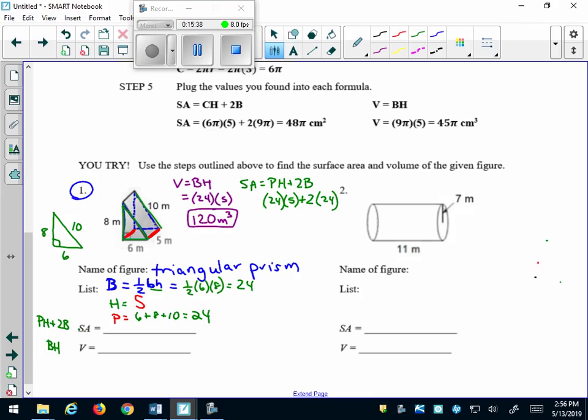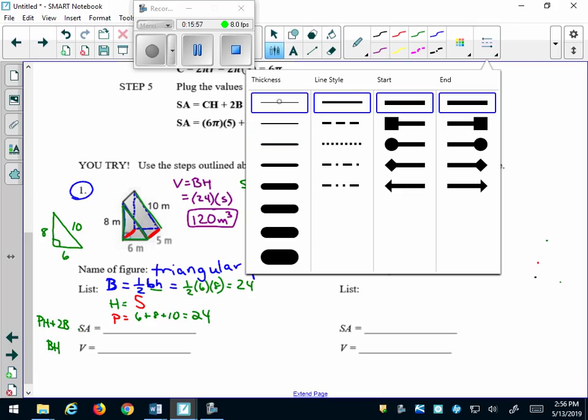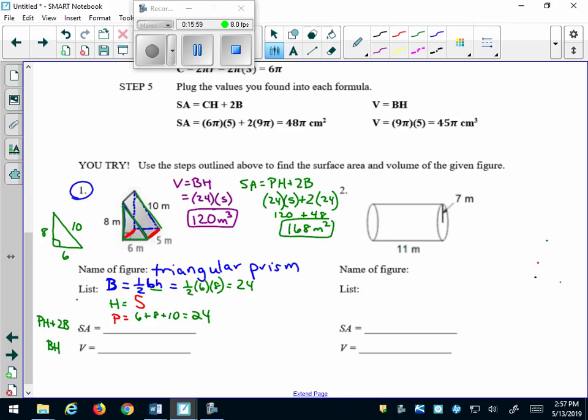So that gets us 120 plus 48, which is 168. And this is surface area, so it's square meters. Volume is cubic, and surface area is square. So our two answers here are 168 square meters and 120 cubic meters.